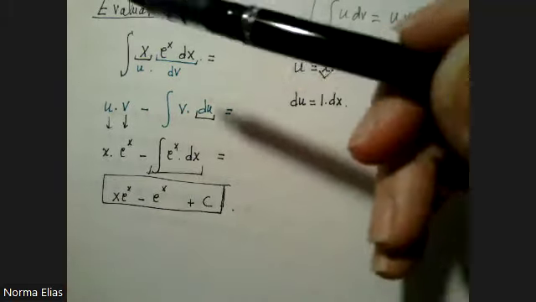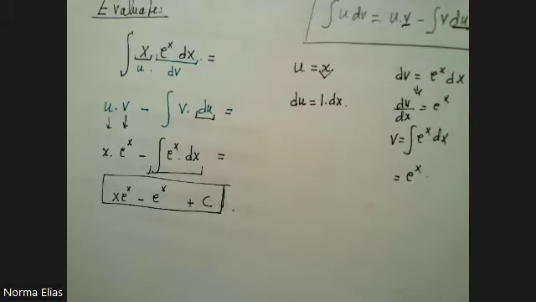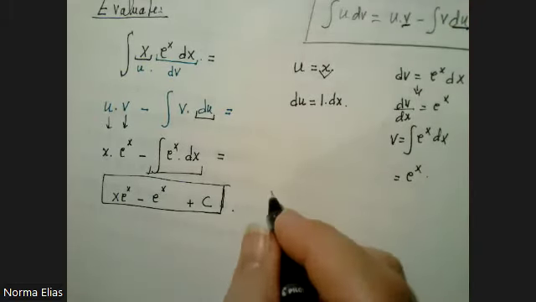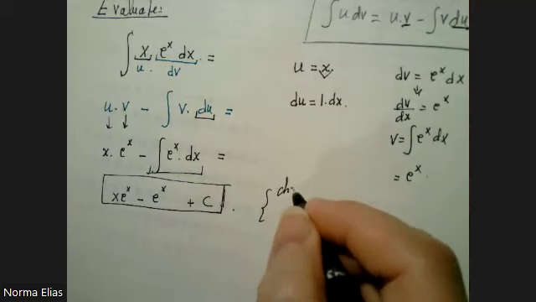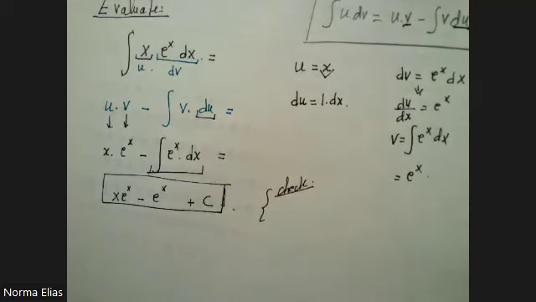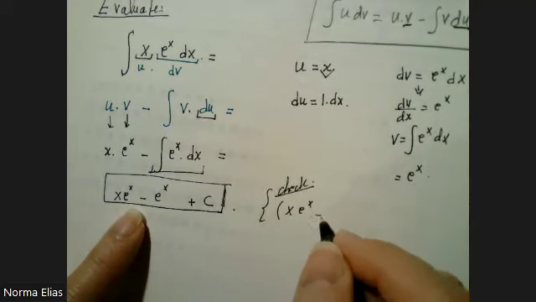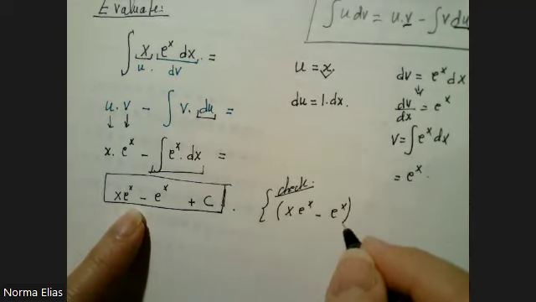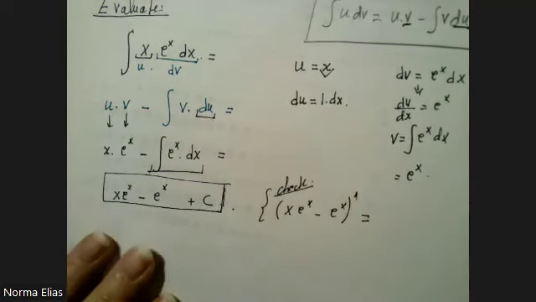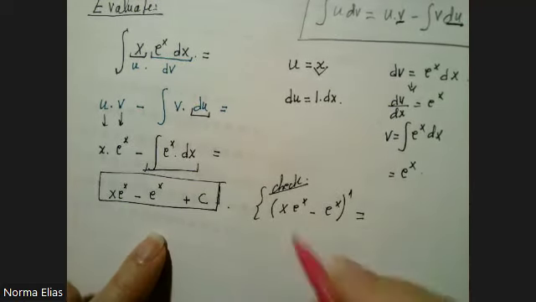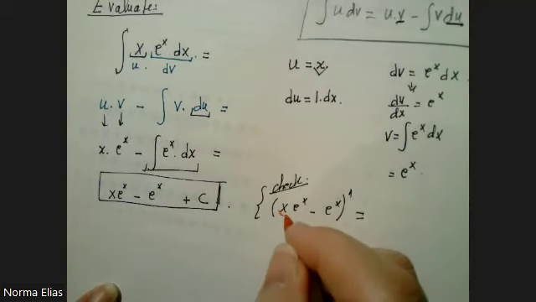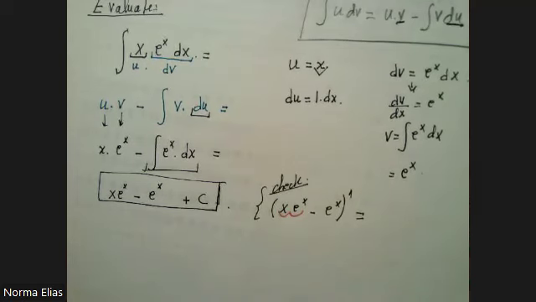Okay, so the antiderivative of x e^x is x e^x minus e^x. Let us check, just to make sure. I'm going to take the answer and differentiate it. I should get exactly this piece. This is a product, so to differentiate, I use the product rule.